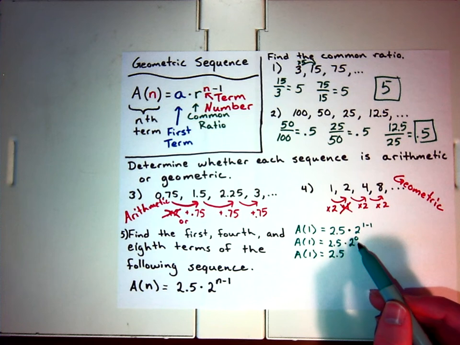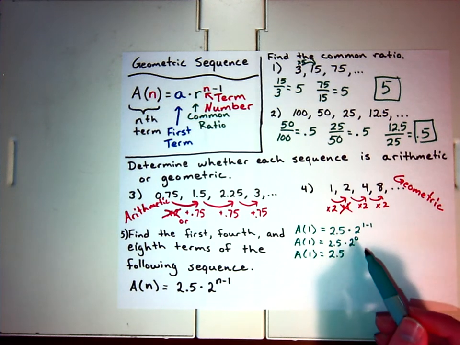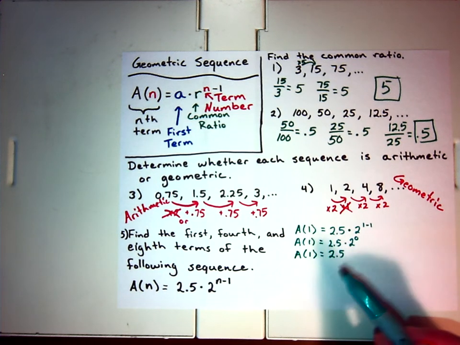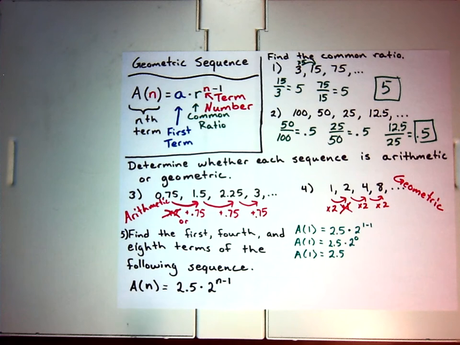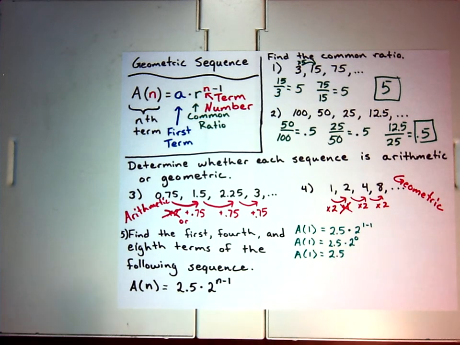It's really important that anything to the 0th power equals 1, because otherwise sequences and formulas like this would not work. If that equals 0, then it would be 2.5 times 0. So any time would be to the 0th power, it would eliminate the entire problem, right? It would always make it equal to 0. So this is an example where it's really important that anything to the 0th power equals 1.